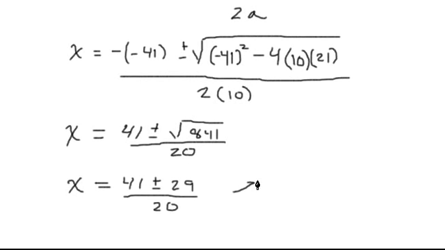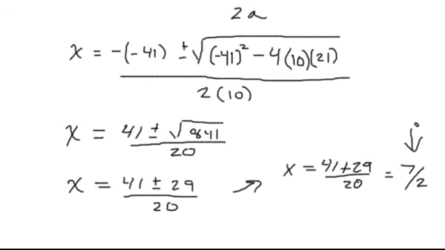We'll write the rest up over here. So we have x is equal to 41 plus 29 over 20. And what do we get with that? It looks like I'm getting 3.5 or 7 halves. So excuse me, remember this is 3.5.